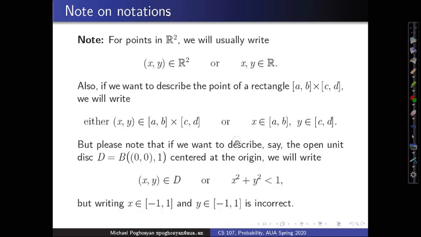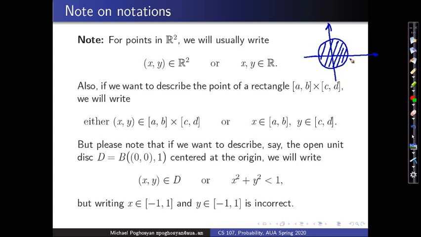Okay. But please note, this is an important and common mistake students make. If we want to describe, say, the open unit disk D, a disk with center at the origin and radius one, let me draw that. So this is our region now.